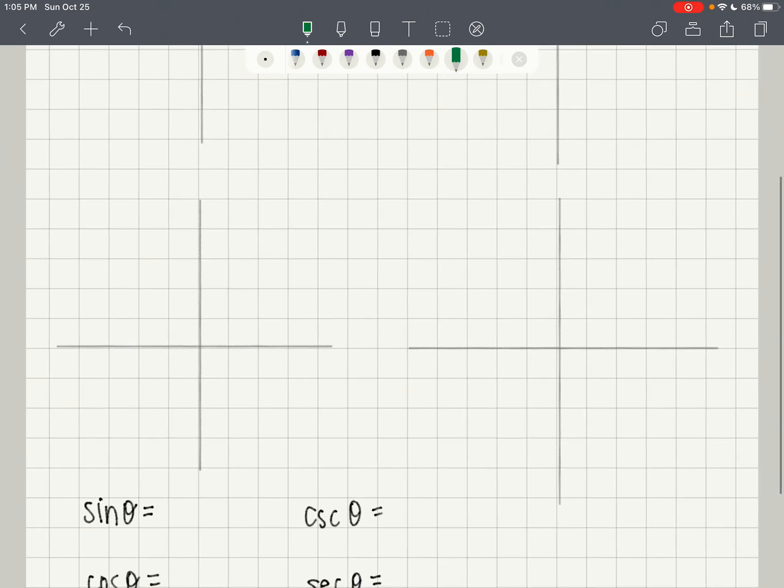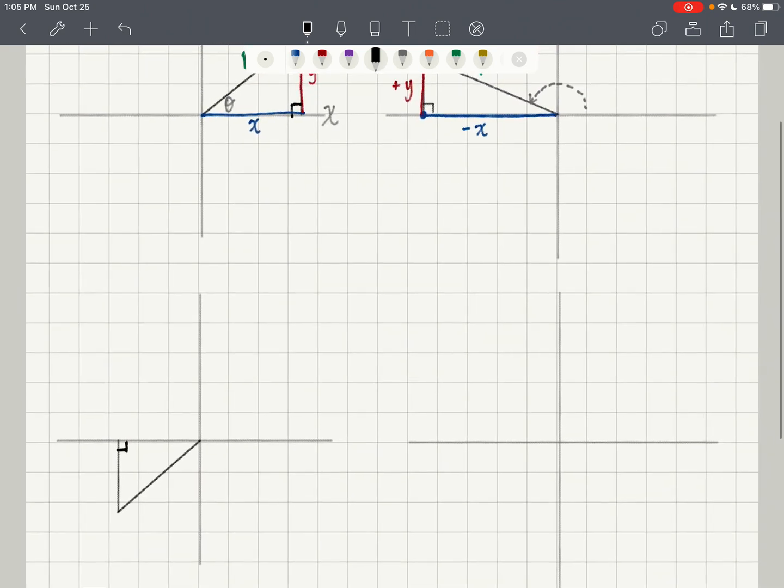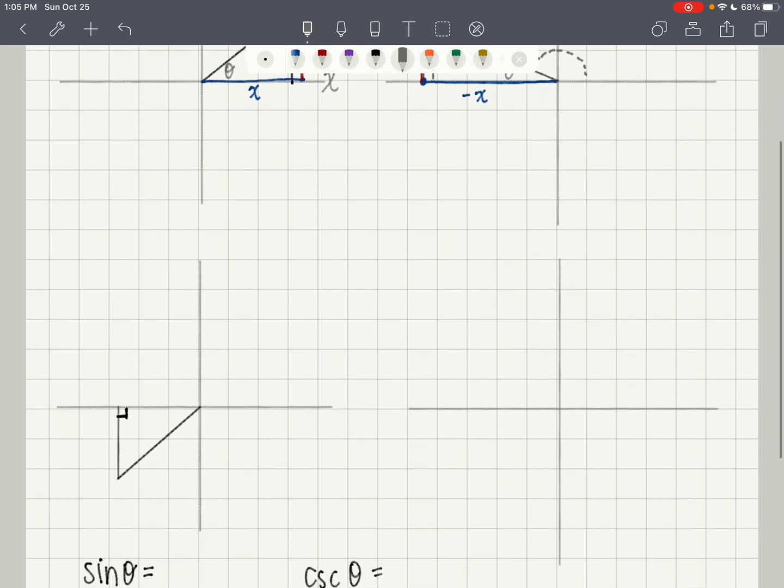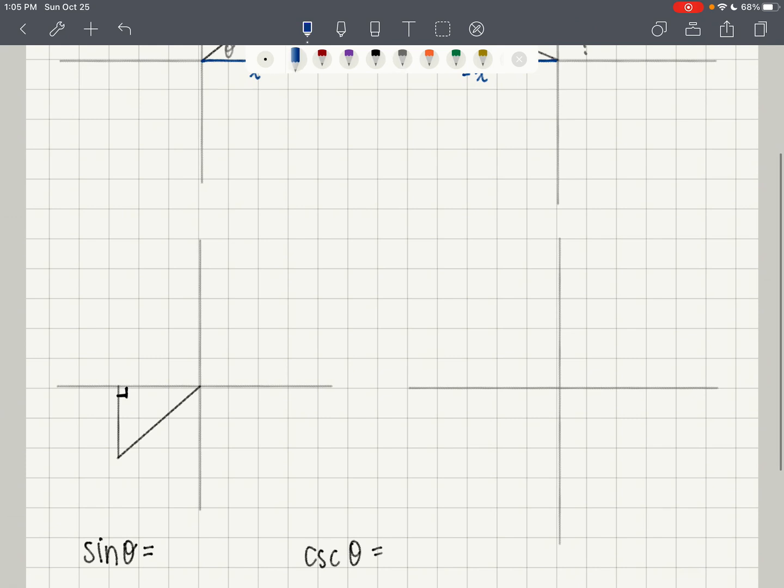And in quadrant 3, we're going to draw a terminal side anywhere in quadrant 3, along with a vertical leg to the x-axis so that we can make that triangle. And I forgot to put the theta with the x-axis. So here I'm going to, with blue, draw the horizontal leg.